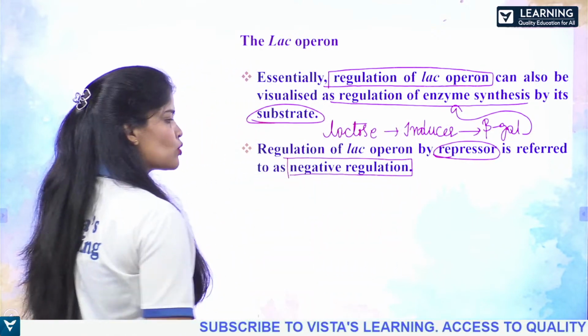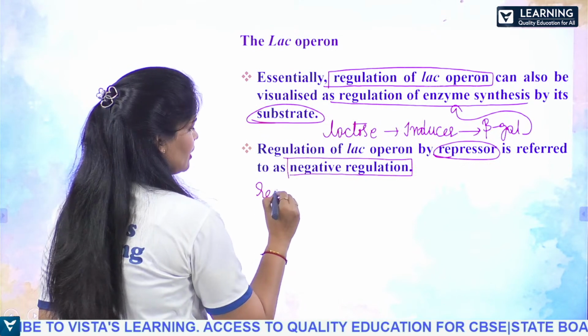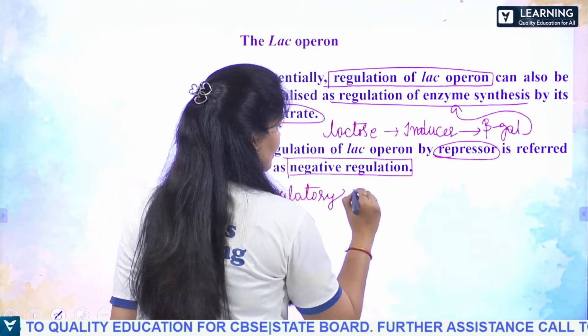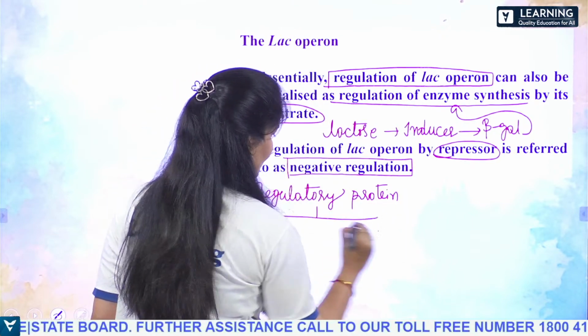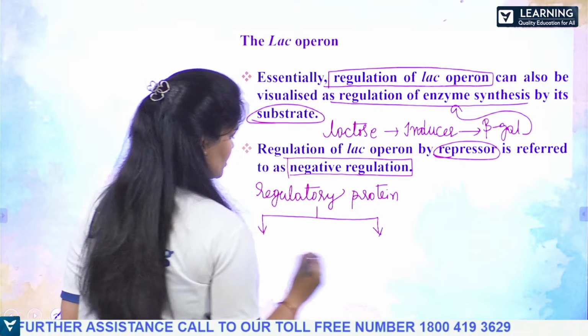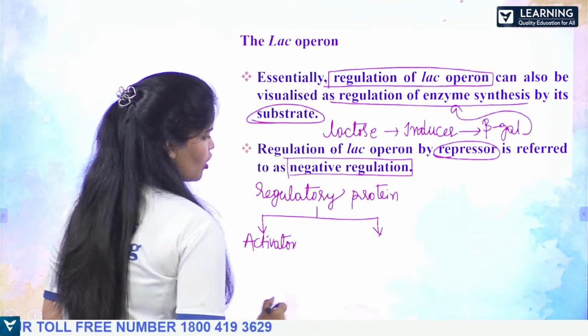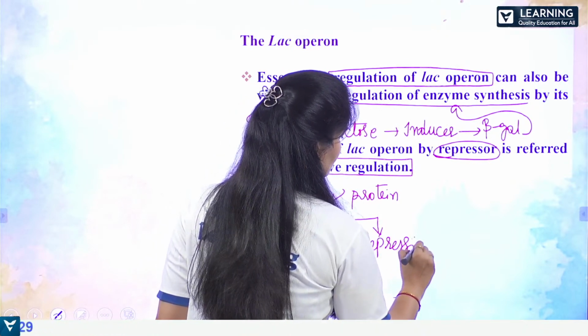Even positive regulation exists for the lac operon, but in this example, regulatory proteins can regulate both positively as activators or negatively as repressors.